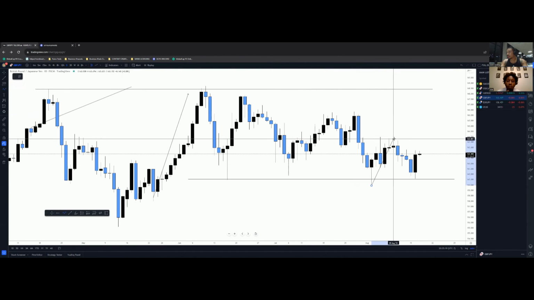So what I'm looking for here is potentially we could be coming back up, we could be coming back up here to this area of liquidation, and potentially start seeing moves to the upside. So that's another thing.